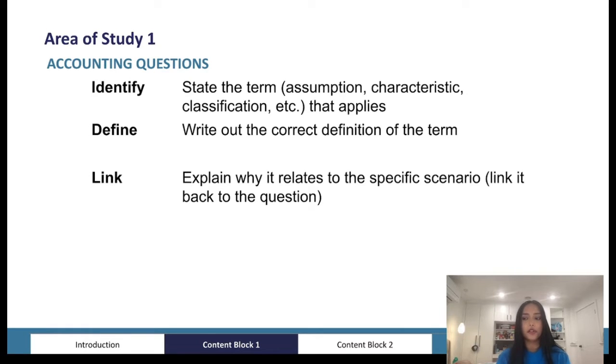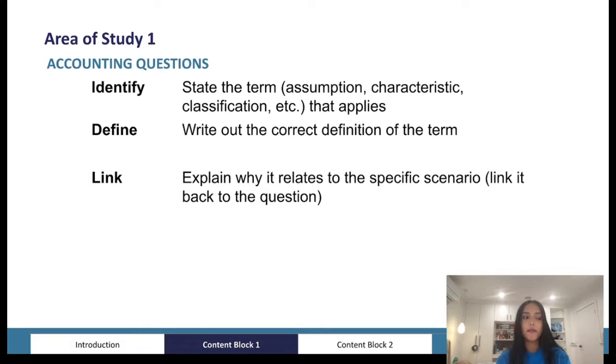For example, it'll tell you the name of the business, the owner, what methods the business uses, etc., etc. It might tell you the time period that you're reporting in, stuff like that. And that is what we call the context, the background information on the question.